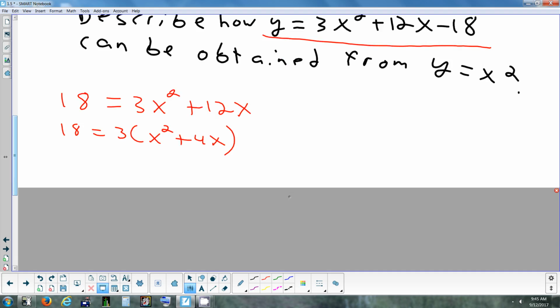Now we have to find the number to complete the square. Leave a little bit of space because you're going to add something to 18. And leave a little space inside the parentheses. So to complete the square, it has something to do with this number. Does anybody remember what you do to that number? And it's two things.